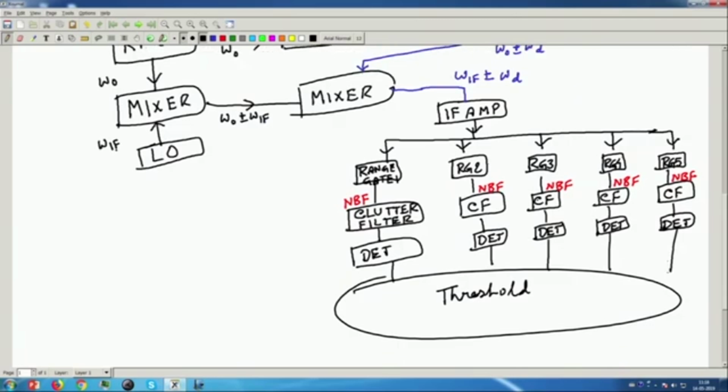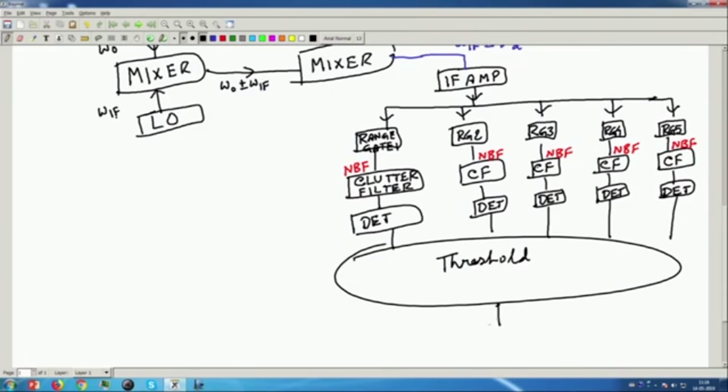And so, finally, what is the outcome of this? We get a range versus velocity, a 2D map. One dimension is range, another dimension is Doppler or velocity, whatever you say. This is the thing with which the signal processing is done.